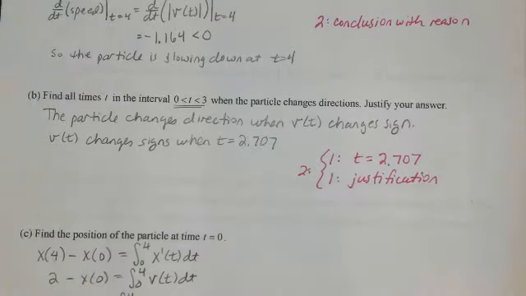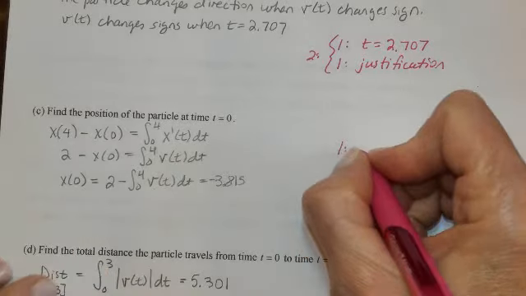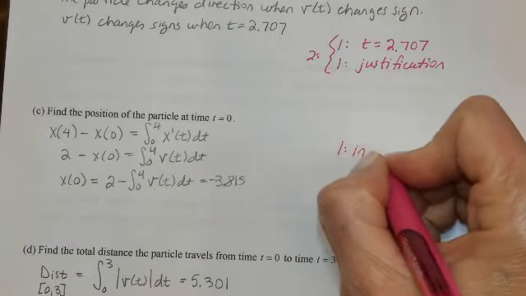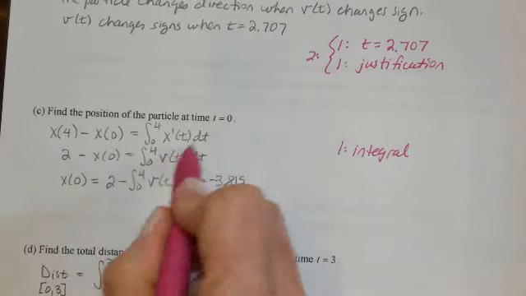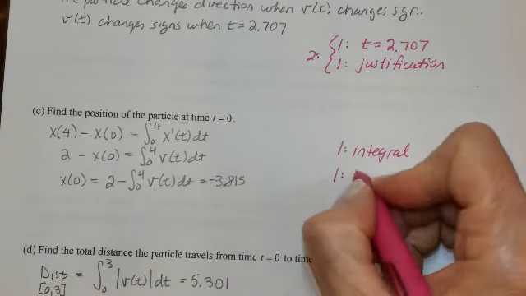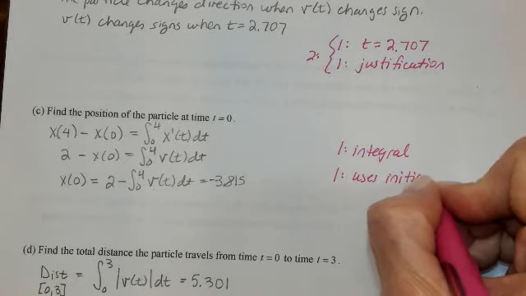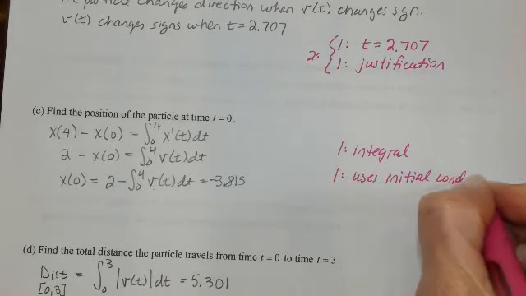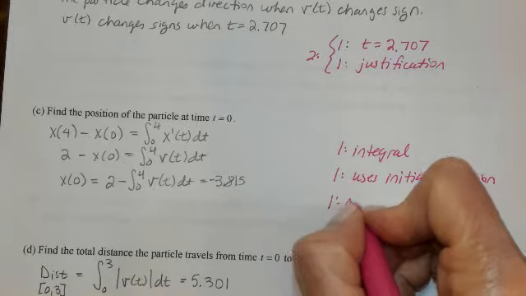Two points total. Part C, they gave 1 point for the integral, 1 point for uses initial condition, and 1 point for your answer.